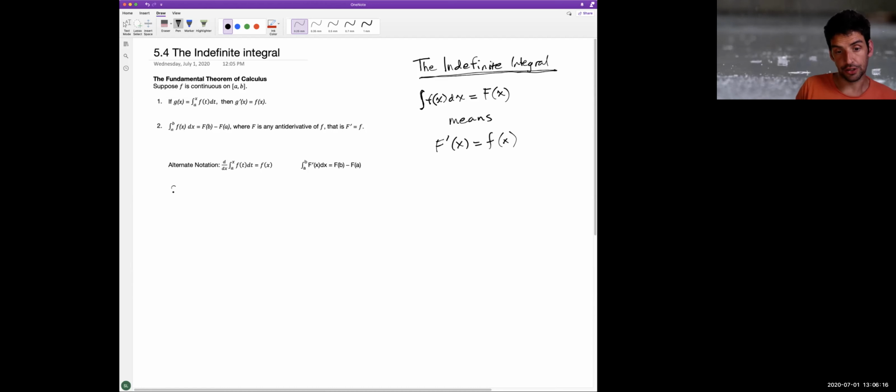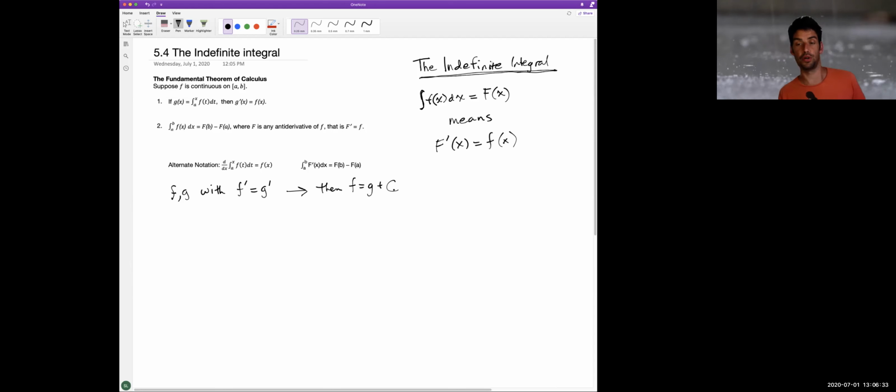If I have two functions, f and g, with derivatives that are the same, it turns out that these two functions are the same except for a constant. This constant can be any real number. This set of symbols just means C is in the set of real numbers, okay?